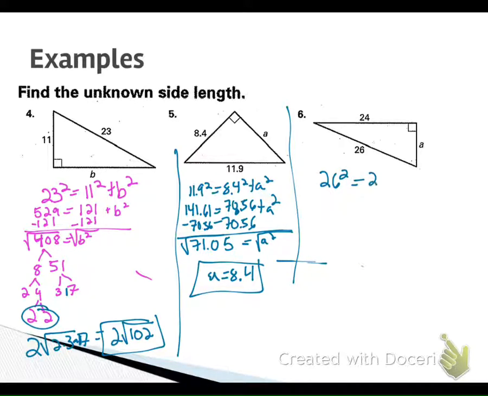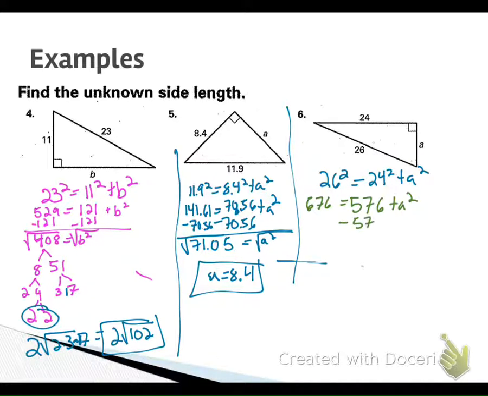my two legs of 24 squared plus a squared. What's 26 squared? We just did this one on our last one. 676 equals, what's 24 squared? 576 plus a squared.